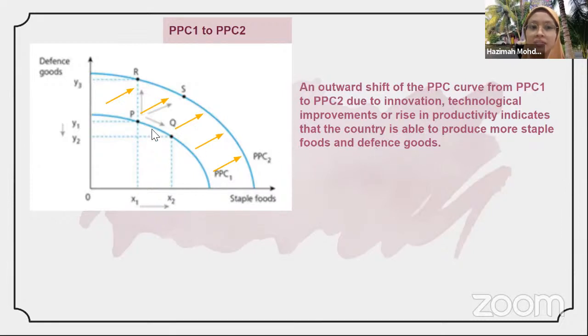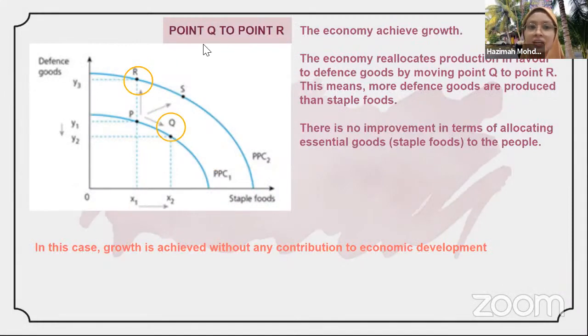Meaning if we increase the PPC curve here, we can see that the quantity that can be produced increase also. Right. Okay. And then kena tahu lah kenapa dia economic growth, because ada technological improvement or rise in productivity or innovation. Okay. Next. Moving on to point Q to point R.